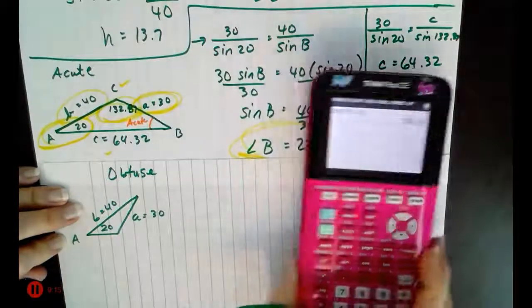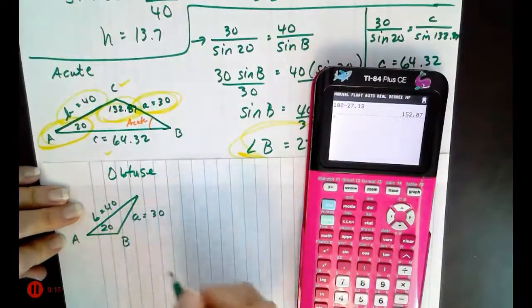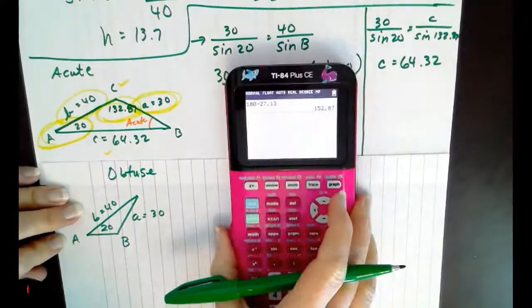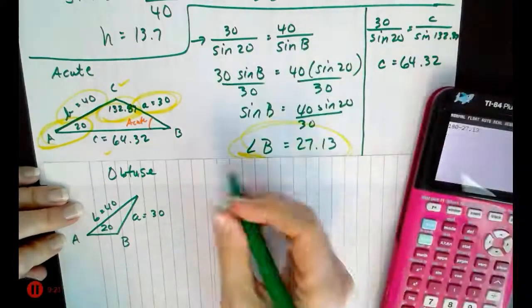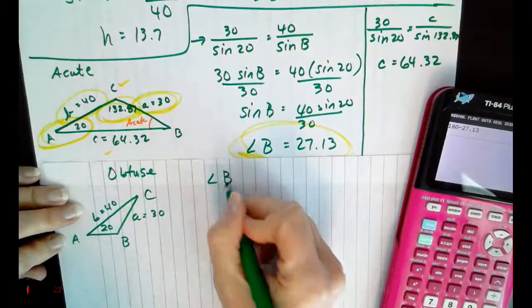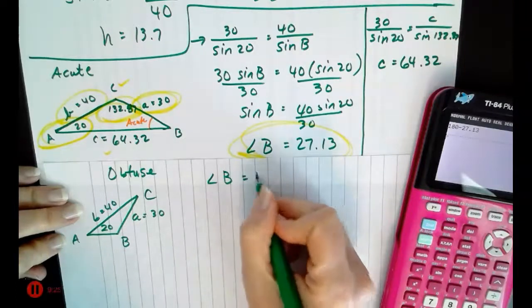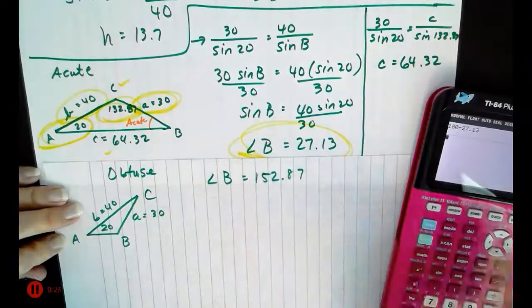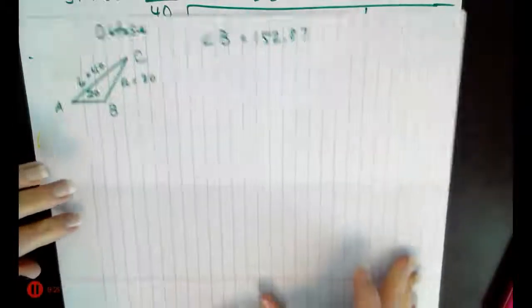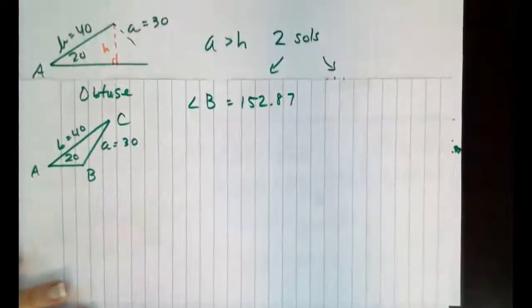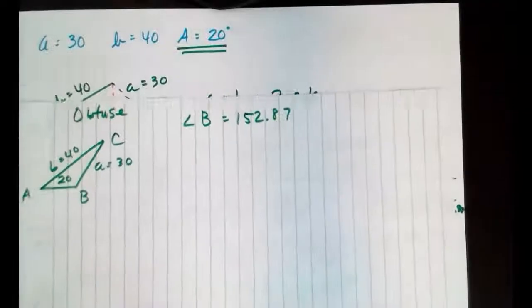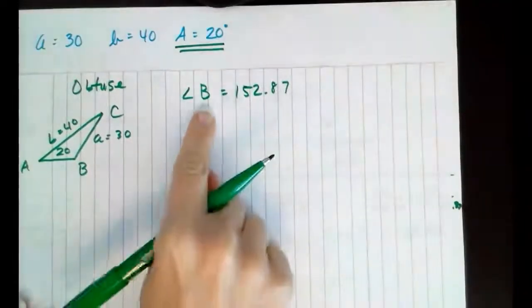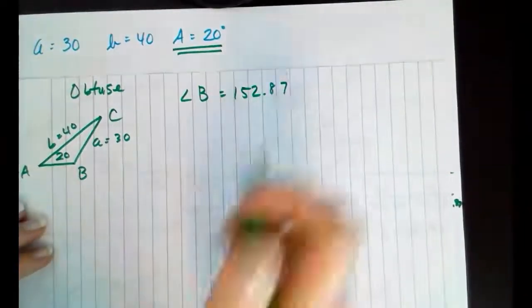We find our obtuse angle B to be 152.87. So angle B in the obtuse version, 152.87. So now let's finish this off with angle B being obtuse.